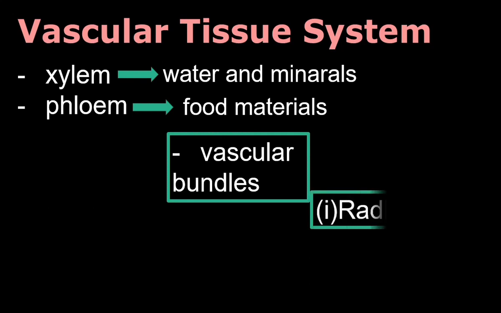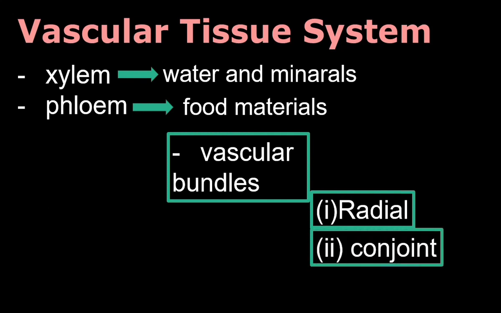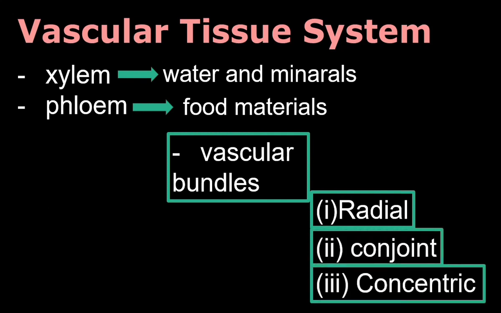They are radial, conjoint, and concentric. The arrangement of xylem and phloem in radial vascular bundle is different from conjoint and concentric. Let us see the types of vascular bundles in detail.